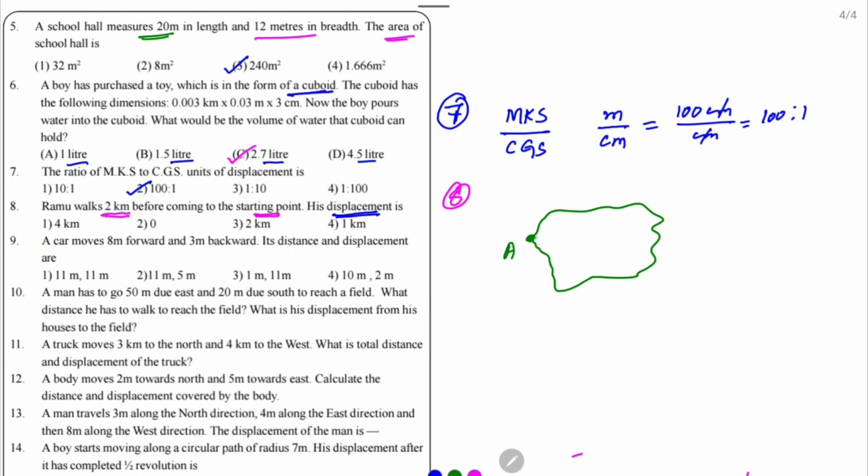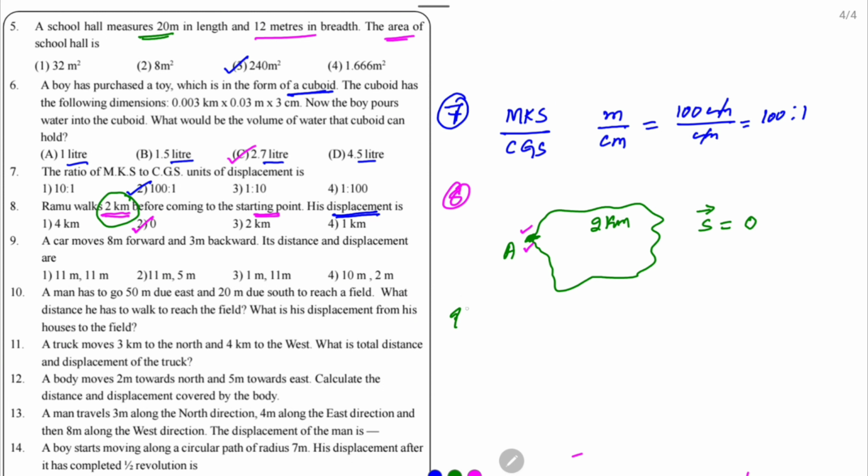So he walks 2 kilometers before coming to the starting point. So this whole length of the path is given as 2 kilometer. Now we want to calculate displacement, not distance. So displacement is 0 since he reached the starting point. So the answer is option 2.